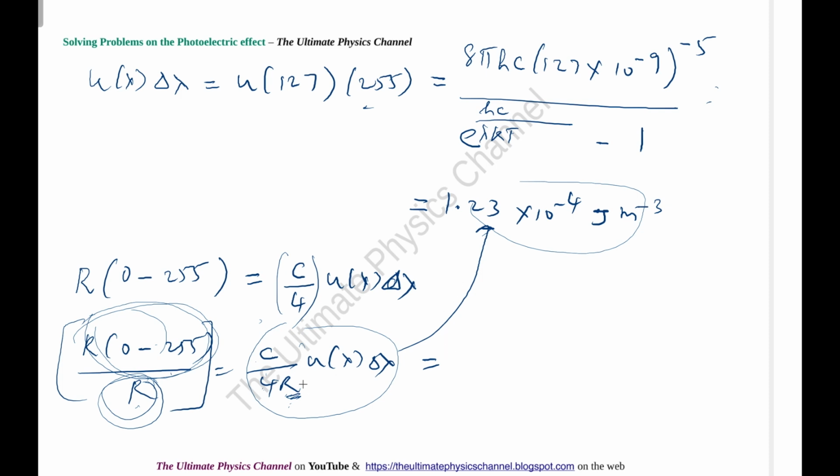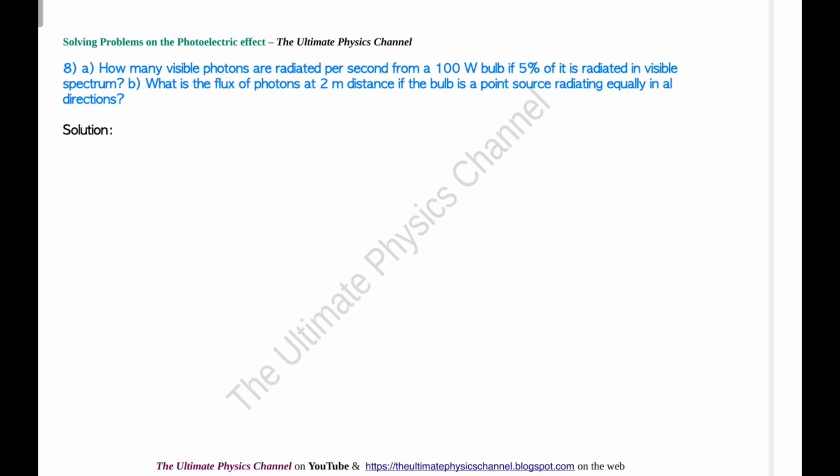And then if you put in the numbers for C, for R, and for U lambda del lambda, which we have calculated in two different steps, we will get the final answer as 1.4 times 10 power minus 4, a fraction. So that is a fraction of the total solar power that gets converted to photoelectrons in this particular case, right? So let's move ahead to the next one.